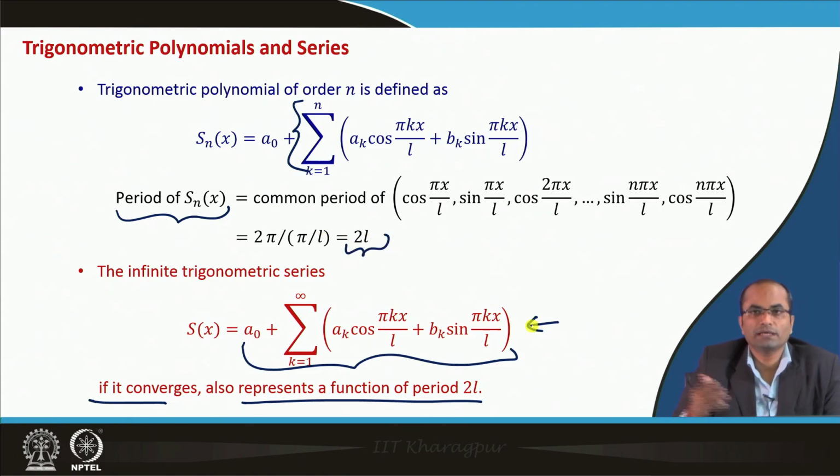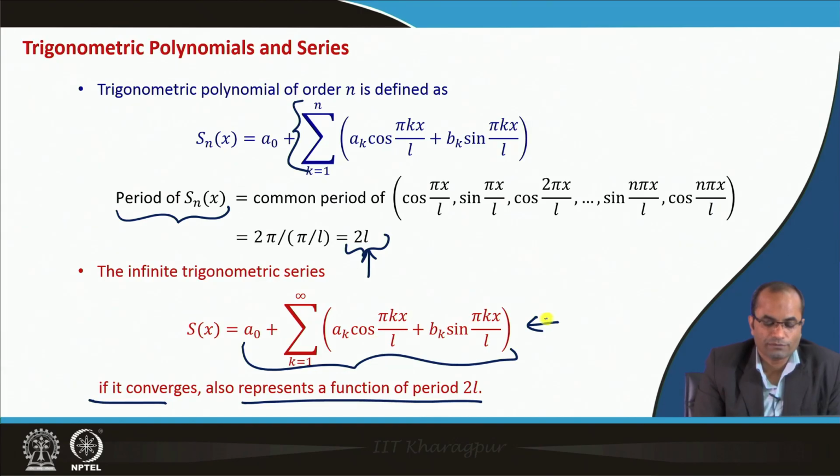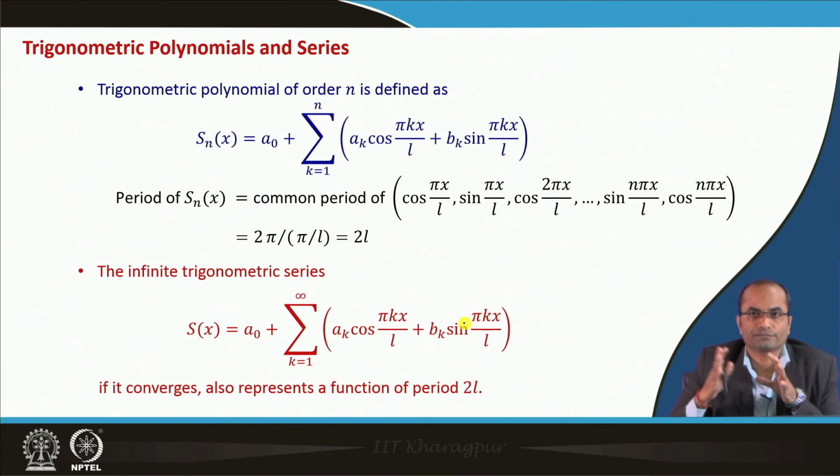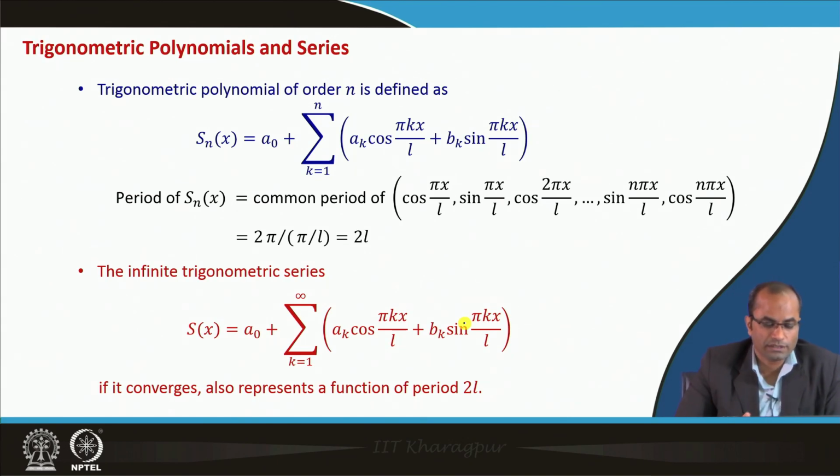And now we keep on adding these terms, but the common period will not change, that will remain 2L itself. So, if this series converges, then the function to which this is converging will be a 2L periodic function. That is another piece of information which we need for explaining the Fourier series in the next lecture.